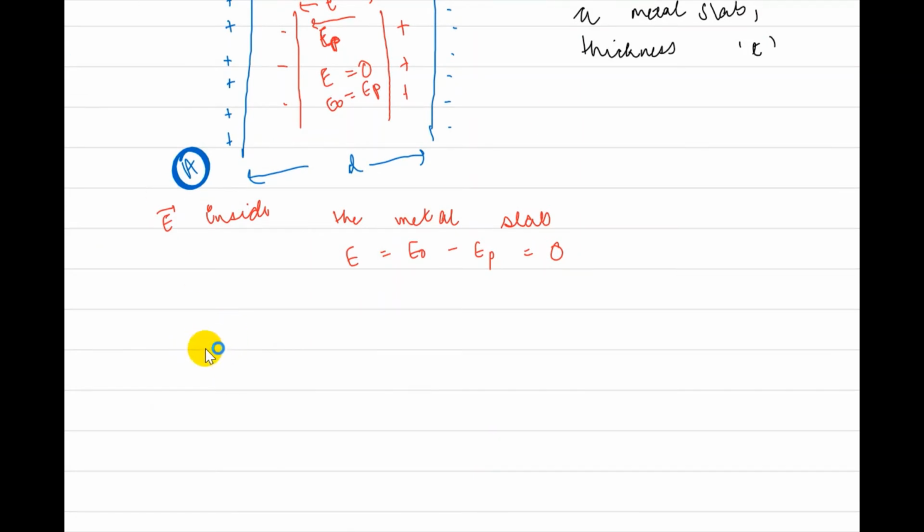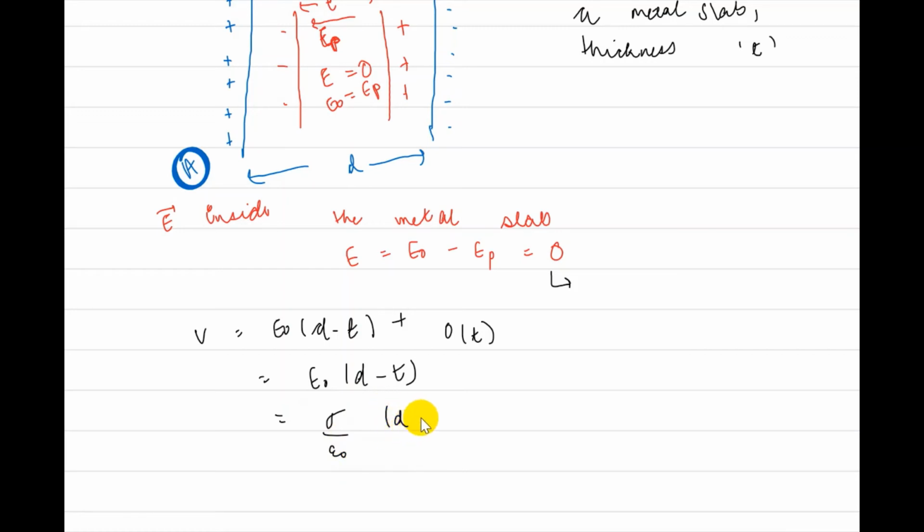Now V is equal to E naught (D minus T) plus 0 into T. Due to this, we get E naught (D minus T). E naught can be written as sigma by epsilon naught (D minus T), that is Q by A epsilon naught (D minus T), as we did in the previous derivation.